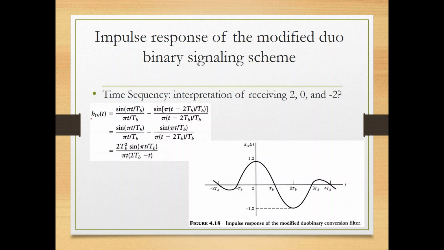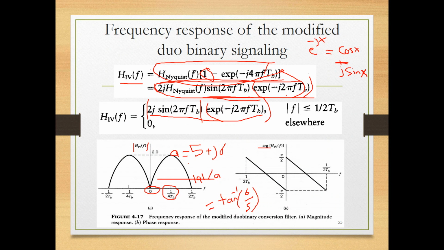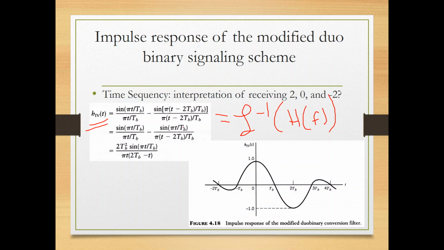This h small of t in the time domain is equal to the inverse Fourier transform of h capital of f, the previous one that I found. Yes? It's easy, you just need to transfer this to the time domain, inverse. Then you use the Fourier transform table to be able to find this.